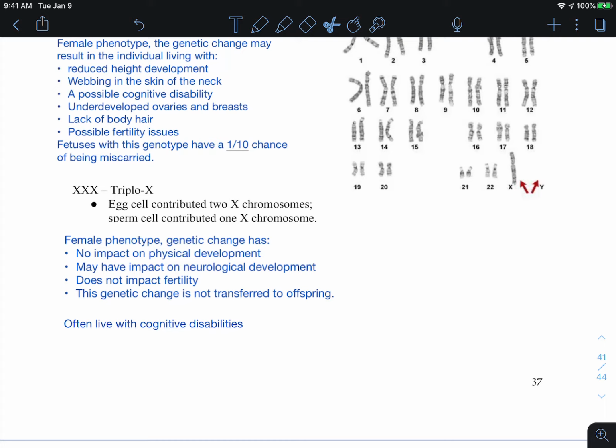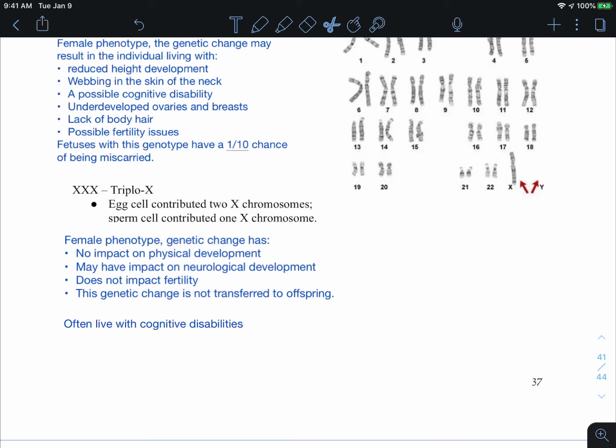Physically, they can develop without differences from others born with the XX genotype. But they may have some impact on the neurological development, so they might live with a cognitive disability, for example.